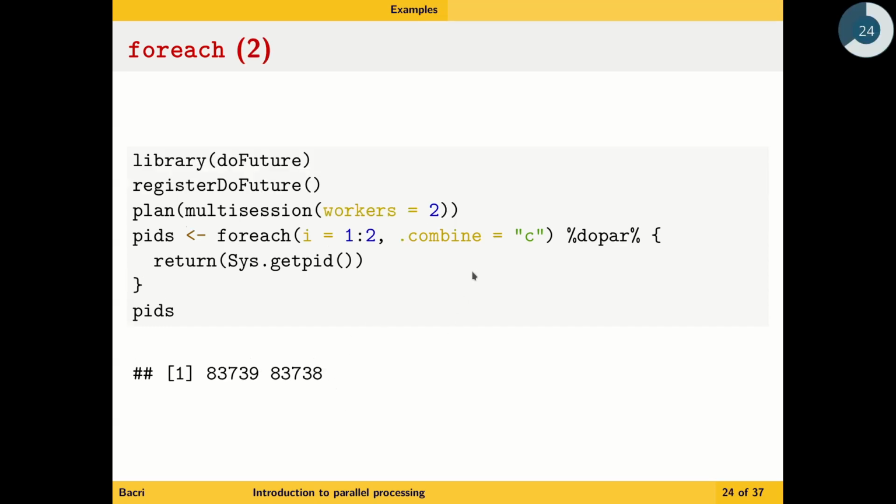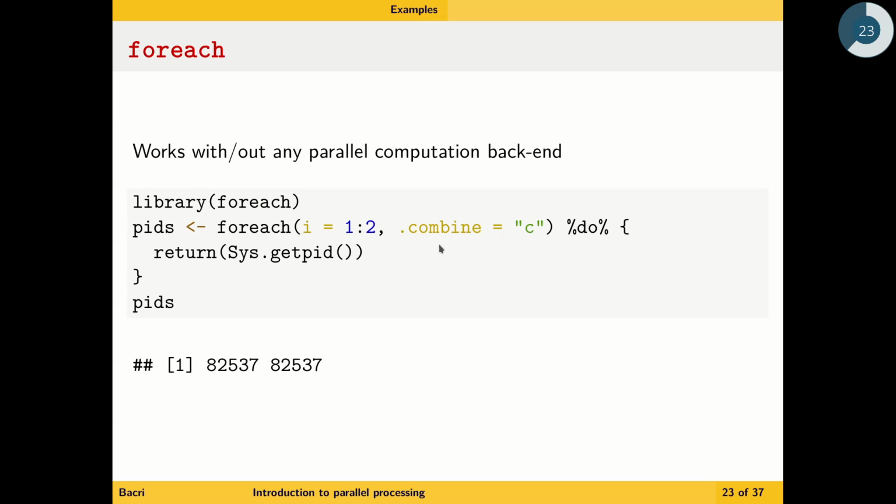So I specify .combine. Here it's c, for simply concatenating all the results in one vector. I specify the loop iterator, and then do and return the process identifier. Here there is no parallel processing, and I get one process has been used for that loop.